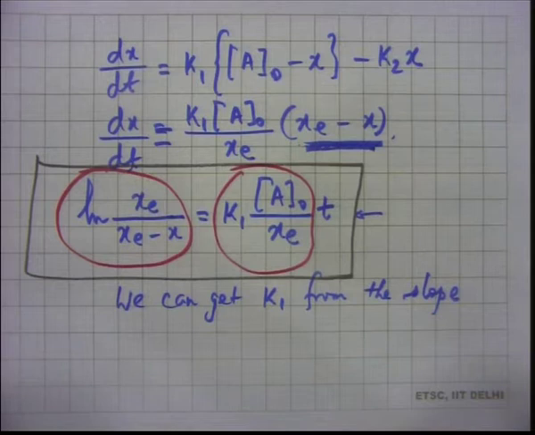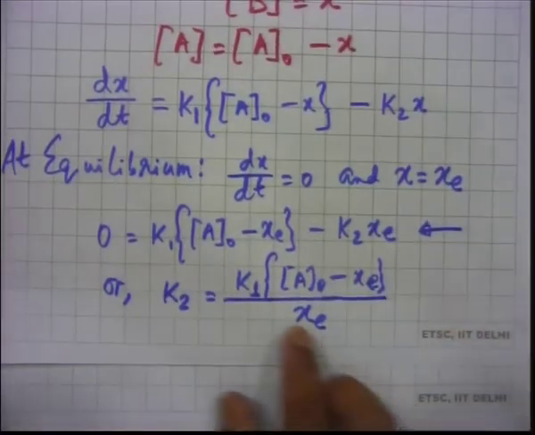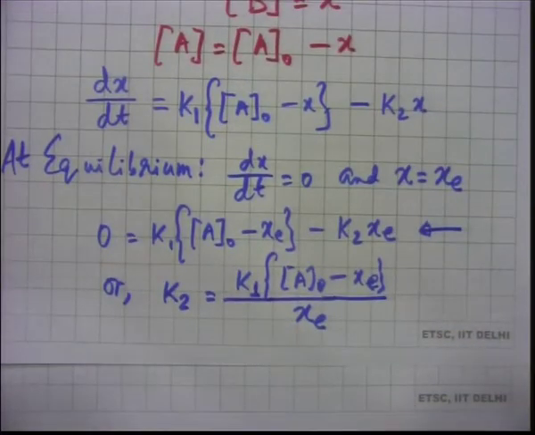If you get k1 from this slope, can we also get k2? Yes, because we had this expression, the other expression on the last slide, this one here. So that gave us k2. So you got k1 and k2. So this sort of experiment can give us the reaction rate constants.